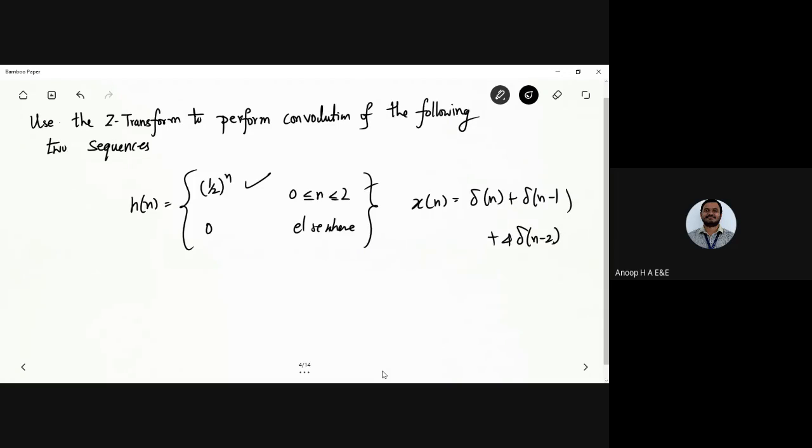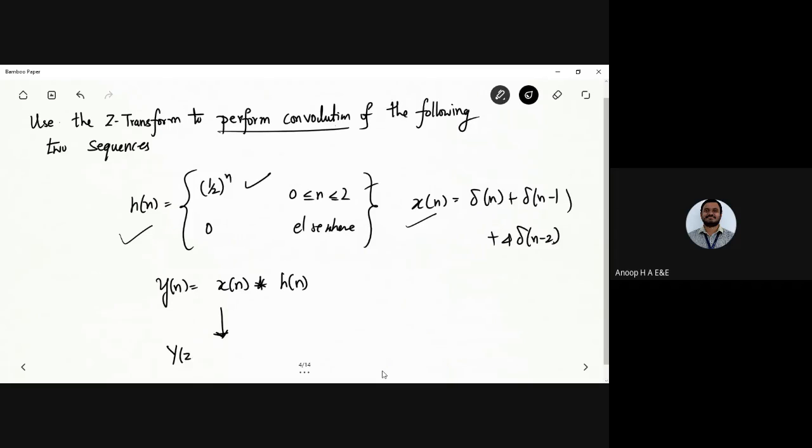Okay. So now what do I need to do? I need to perform the z transform for the given two sequences, that is h of n and x of n. Now y of n is the convolution of two signals, that is x of n convolved with h of n. So what do I have here in order to get the z transform of it?